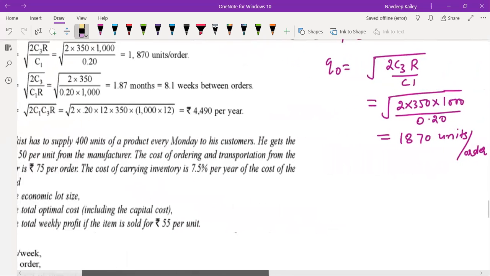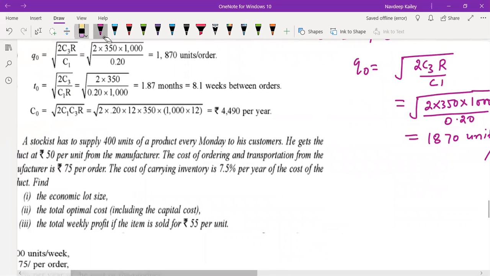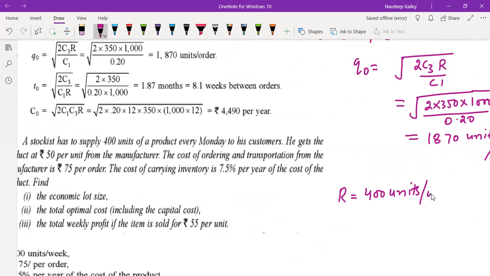Now we will go into details. We have rate as 400 units per week. The cost of ordering and transportation from the manufacturer is rupees 75 per order. That is, ordering cost C3 is rupees 75 per order.